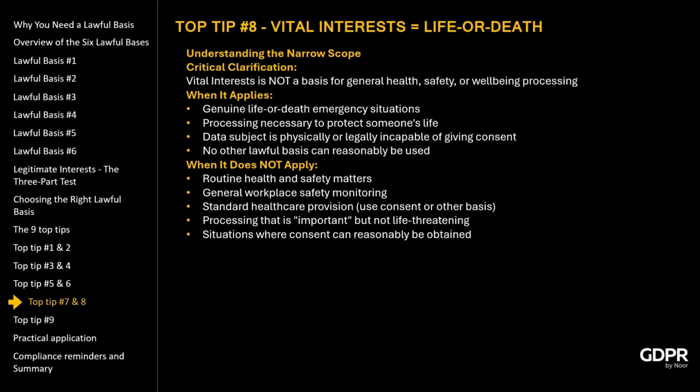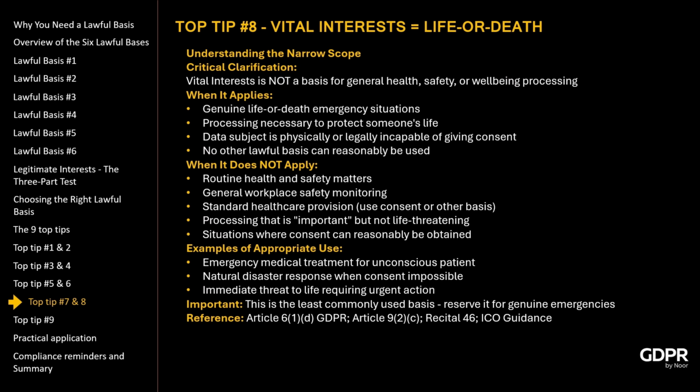It does not apply to routine health and safety measures, standard healthcare, workplace monitoring, or situations where consent can reasonably be obtained. Valid examples include treating an unconscious patient, responding to a natural disaster, and sharing critical medical information during an immediate threat to life. Most organizations will never need to use this basis. So remember, vital interest is for true emergencies, nothing else.